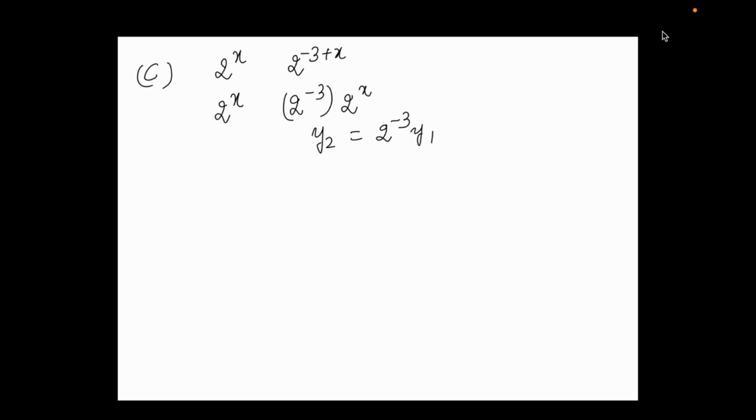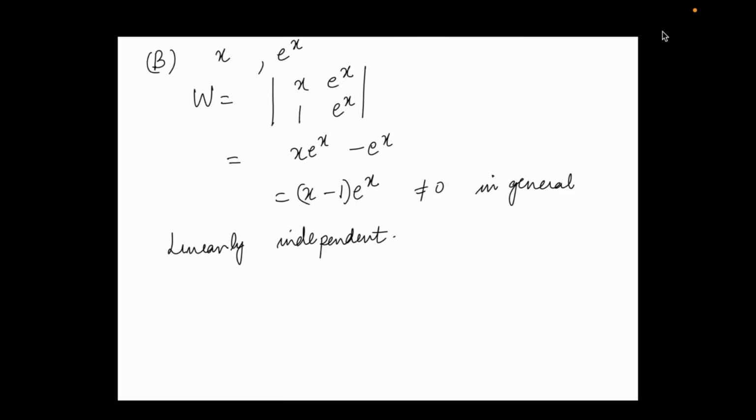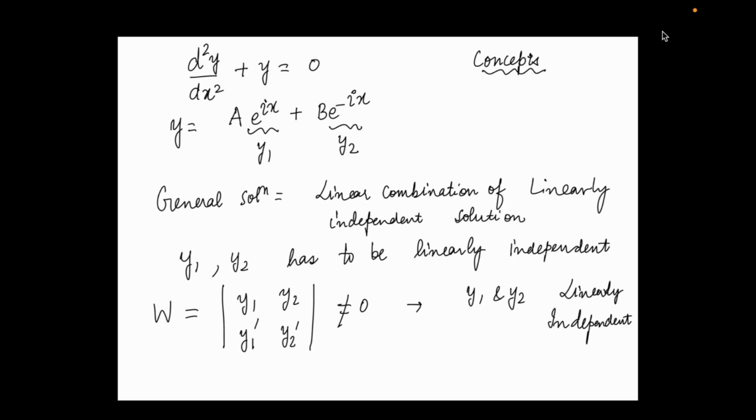If this is y1 and this is y2, then this is the relation. So writing one as a linear combination of the other shows these are linearly dependent. The word linear means you write it as a multiplication of something or a sum of something, right? That's what linearly dependent means. So this is not the correct option.